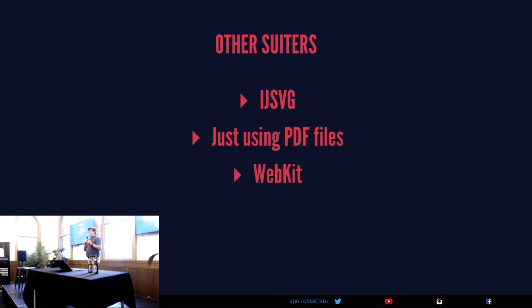One of them is IJSVG, which is from IconJar. Now, this is a very well-behaved SVG implementation. It is one that meets the standards to a large degree. It is all written in Objective-C.